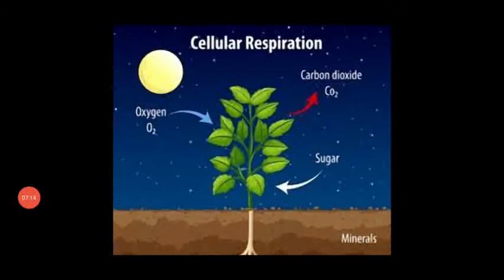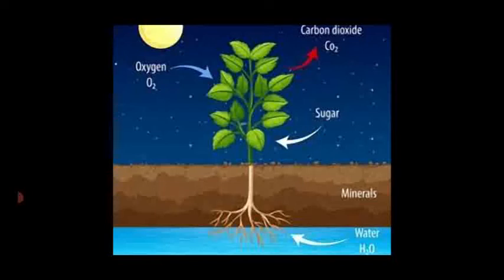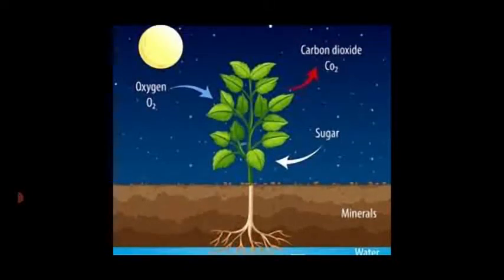Dear students, I already showed the diagram, that is cellular respiration. So oxygen which is present in the atmosphere passes through the stomata present in the leafy region and liberates the carbon dioxide to the atmosphere through the same stomata and converts the sugar molecules into energy.